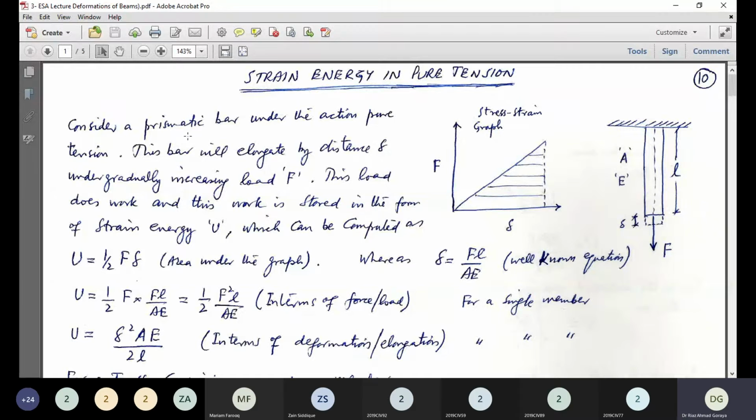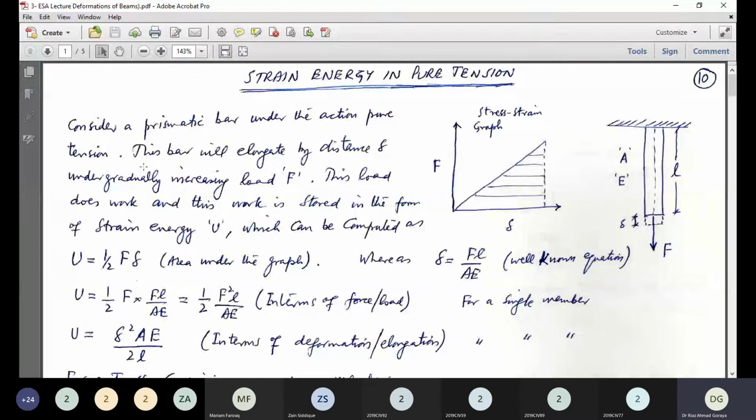Now on the left side, we study this. Consider a prismatic bar under the action of pure tension. This bar will elongate by a distance delta under gradually increasing load F. Now it means this load has done some work.